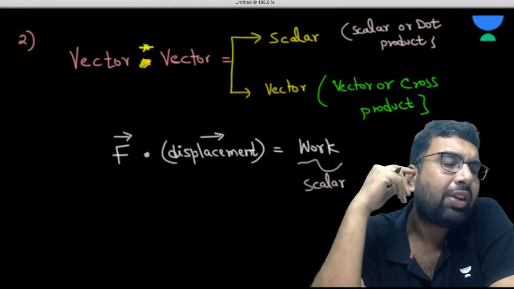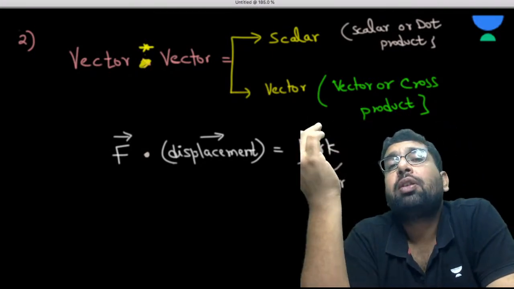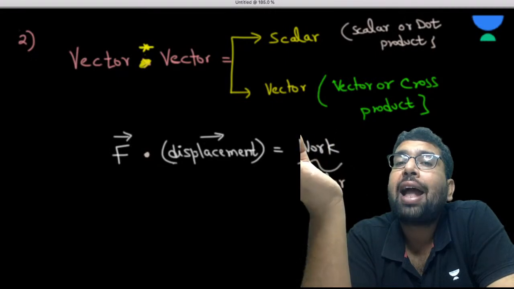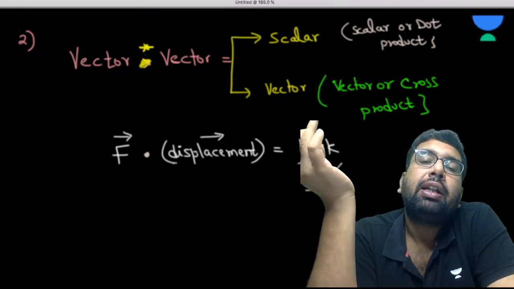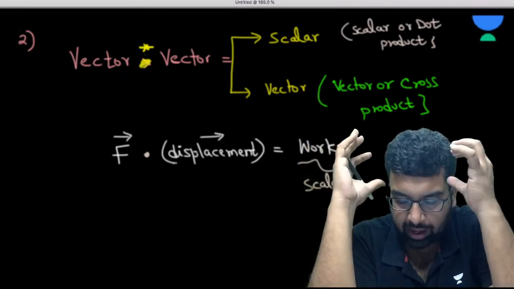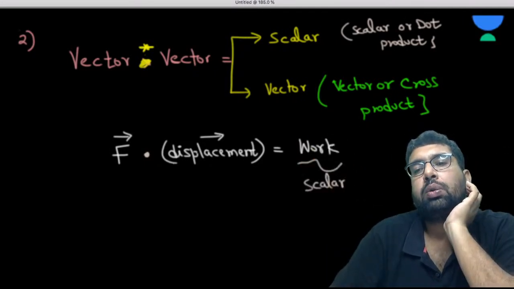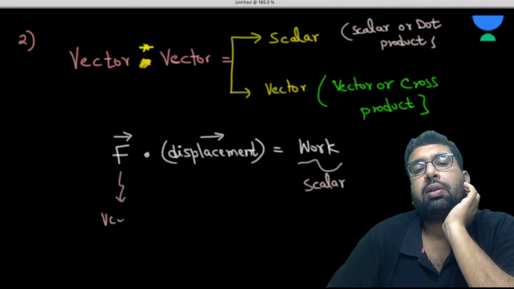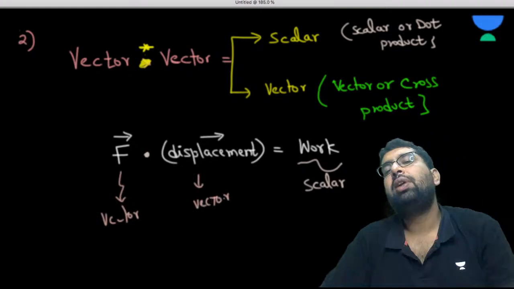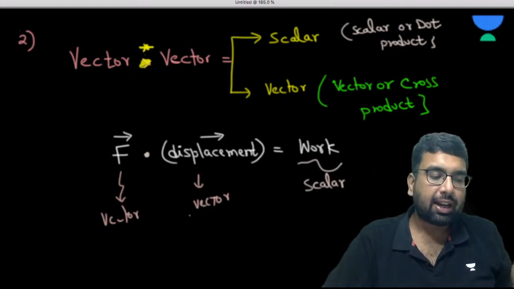In general we say force into displacement is work, but actually force and displacement have the dot product. Here two vectors are multiplied. This is a vector, this is also a vector, and we get a scalar quantity.